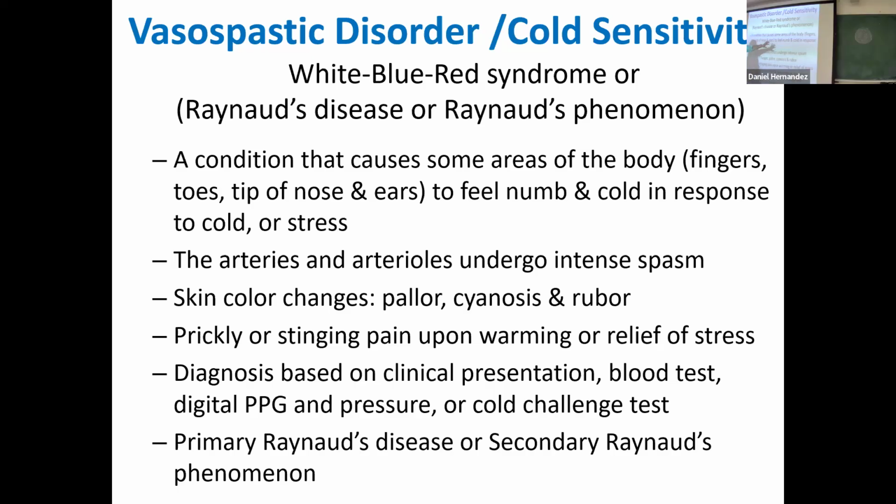When it's Raynaud's phenomenon, secondary Raynaud's phenomenon means that they have this vasospastic disorder in addition to underlying peripheral arterial disease. This is actually way worse when they have Raynaud's phenomenon than just having the Raynaud's disease by itself. So someone who has Raynaud's phenomenon has this vasospastic disorder on top of an underlying disease.